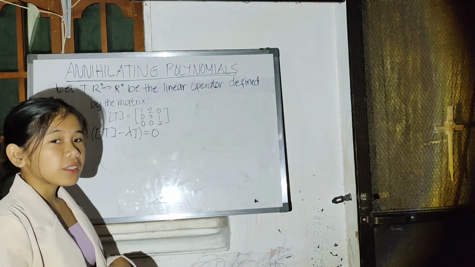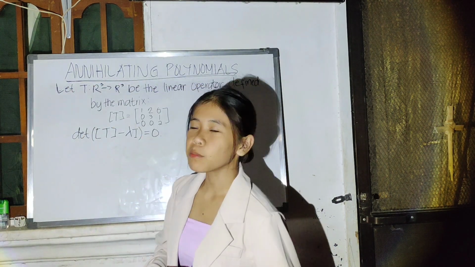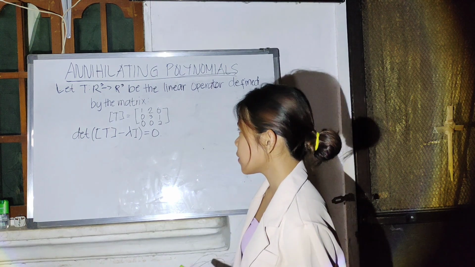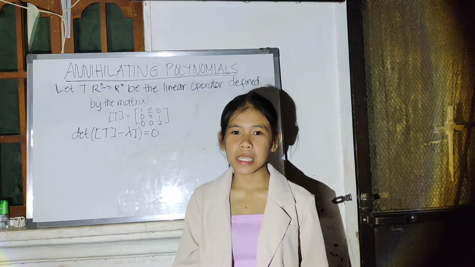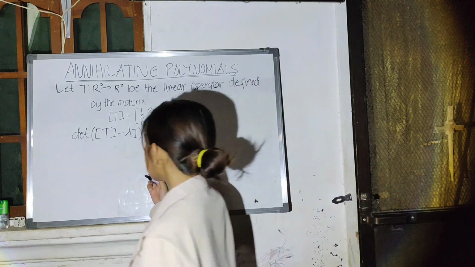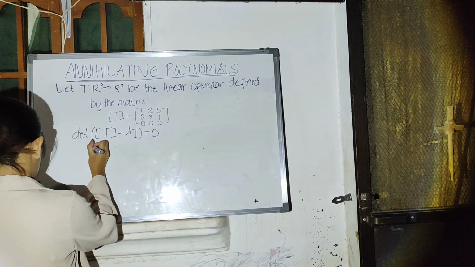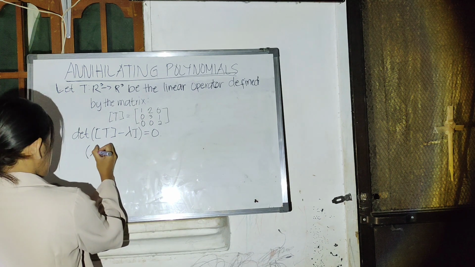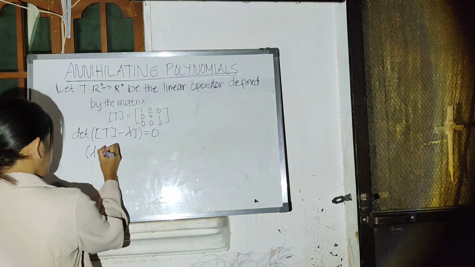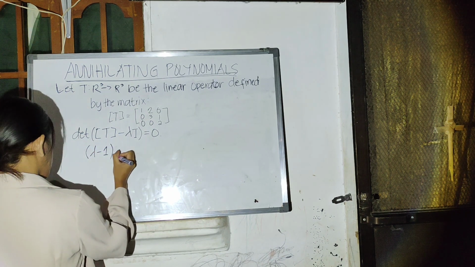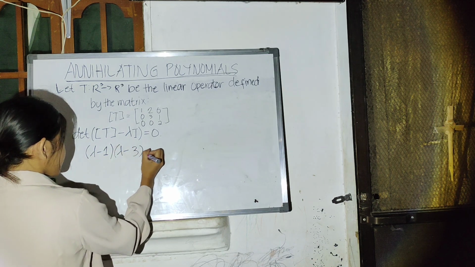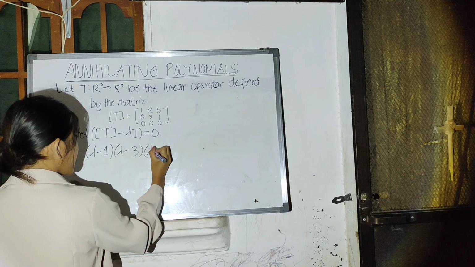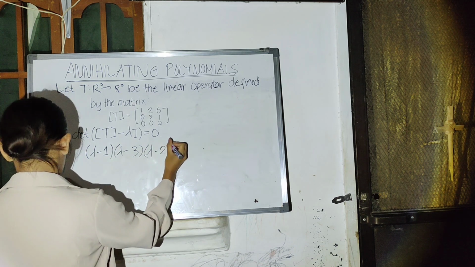In our characteristic polynomial, it is always equal to 0. So this gives you the characteristic polynomial, which is (lambda minus 1) times (lambda minus 3) times (lambda minus 2).